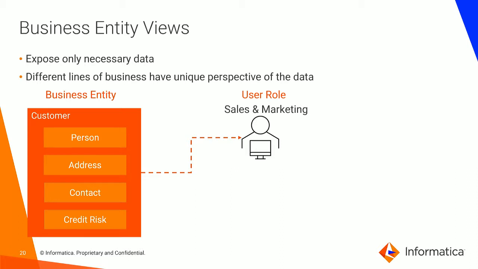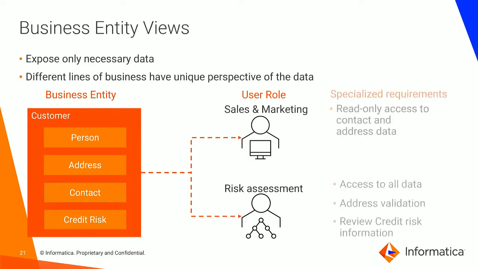In this organization, we have a user role defined, let's say sales and marketing. And we have another role, risk assessment. Logically, these two distinct roles would have their own unique set of requirements or some sort of specialized requirements.